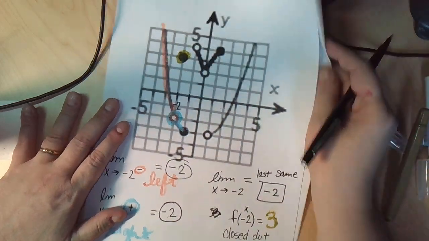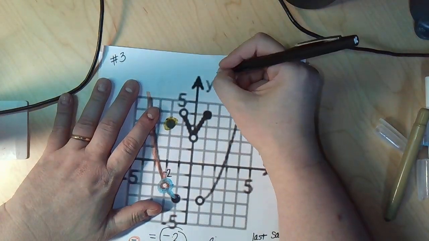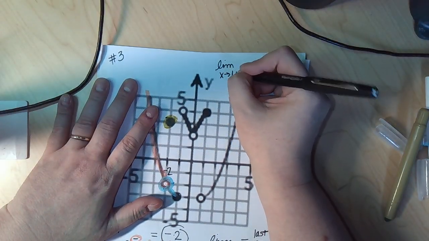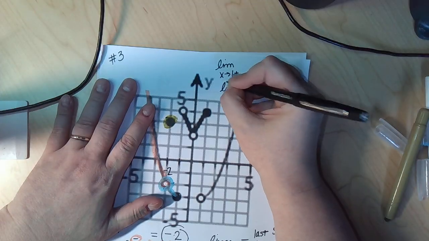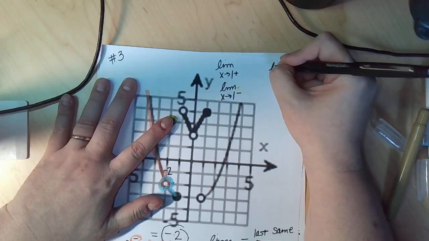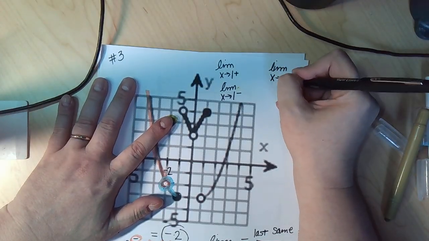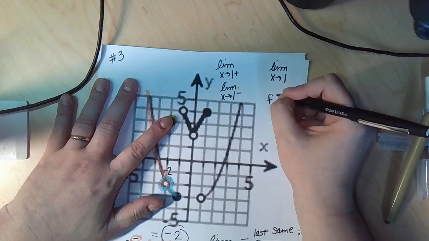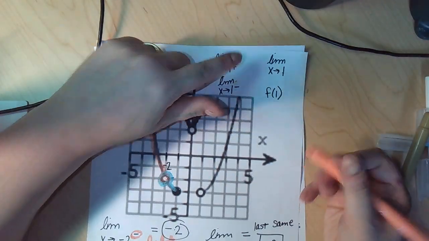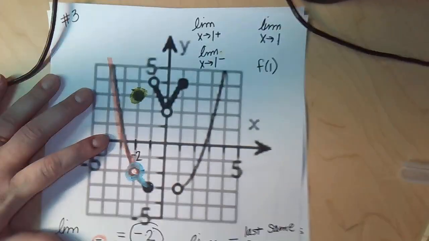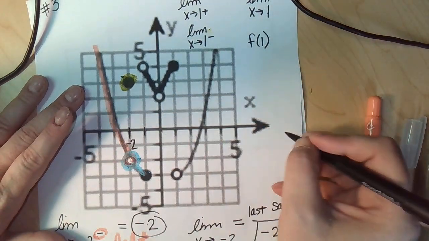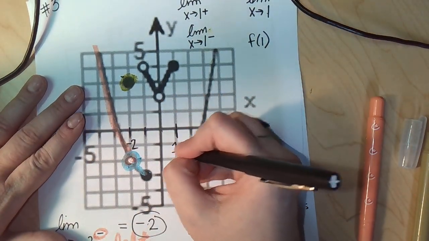Okay, let's try a jump. Let's say I want to know the limit as x approaches 1 from the right, from the left, in general, and that f business. Okay, so this plus sign means the right side. So let's go to and find when x is 1. X goes side to side. 1 is here.